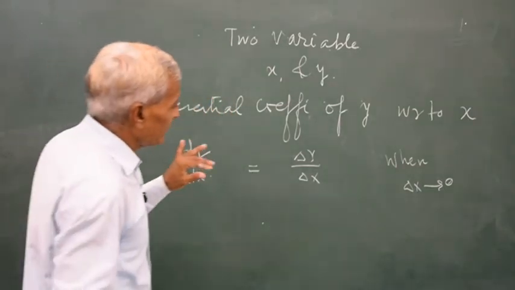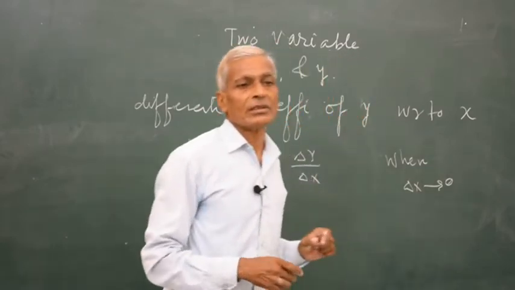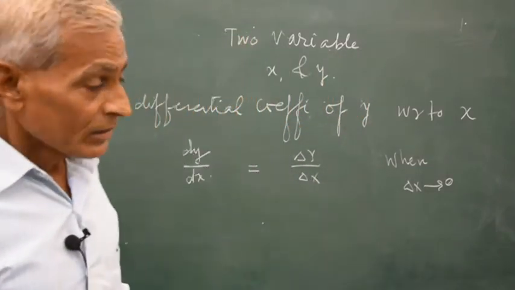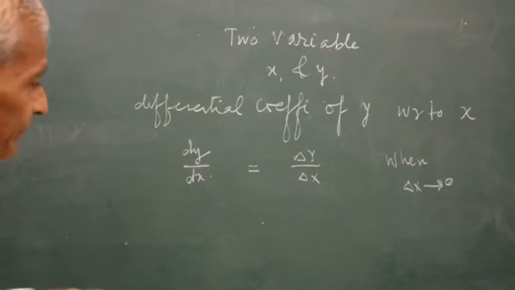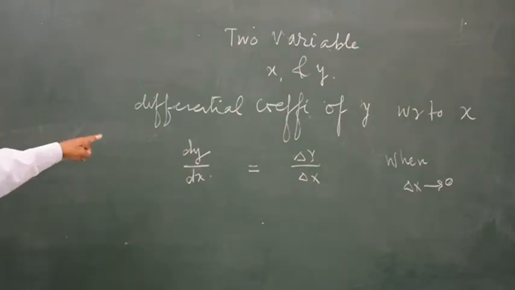So this is instantaneous velocity, that is velocity at the moment. Now, differential coefficient.